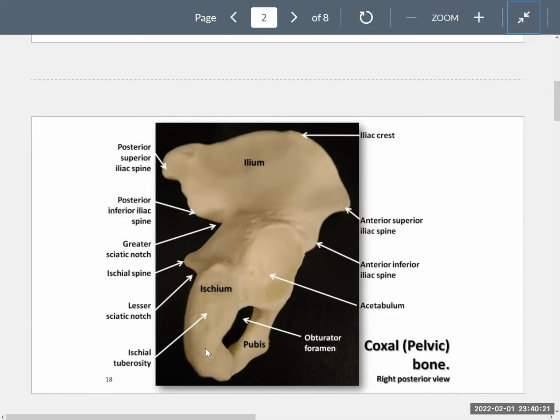Back here, a broad piece of bone that we sit on, this must be the posterior. The anterior is here. So we follow the iliac crest to this point. This is the anterior superior iliac spine.